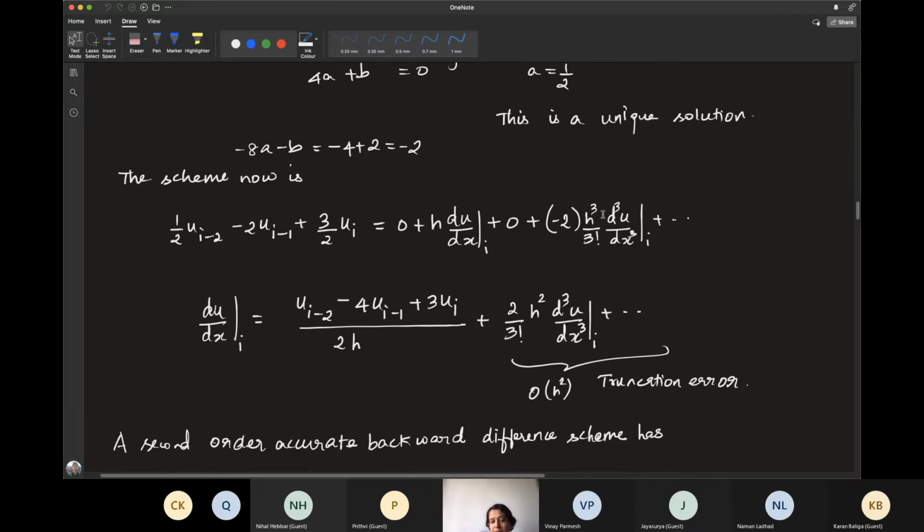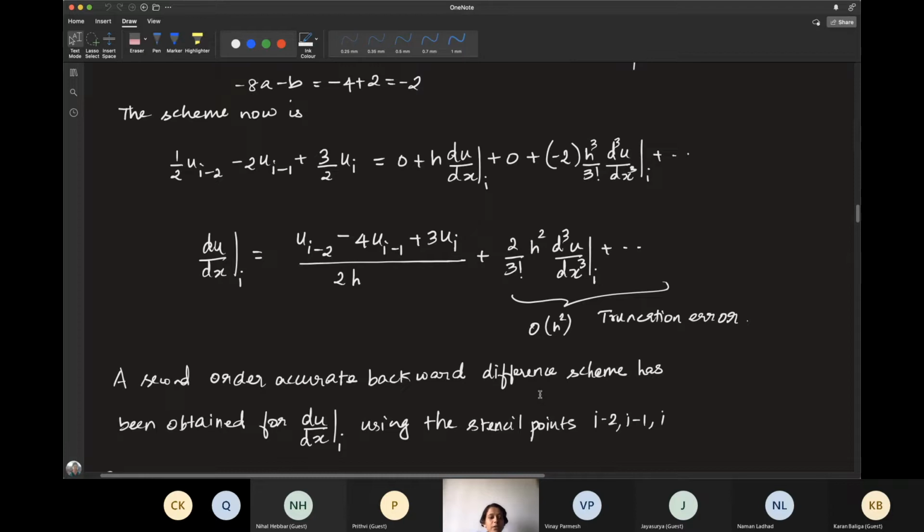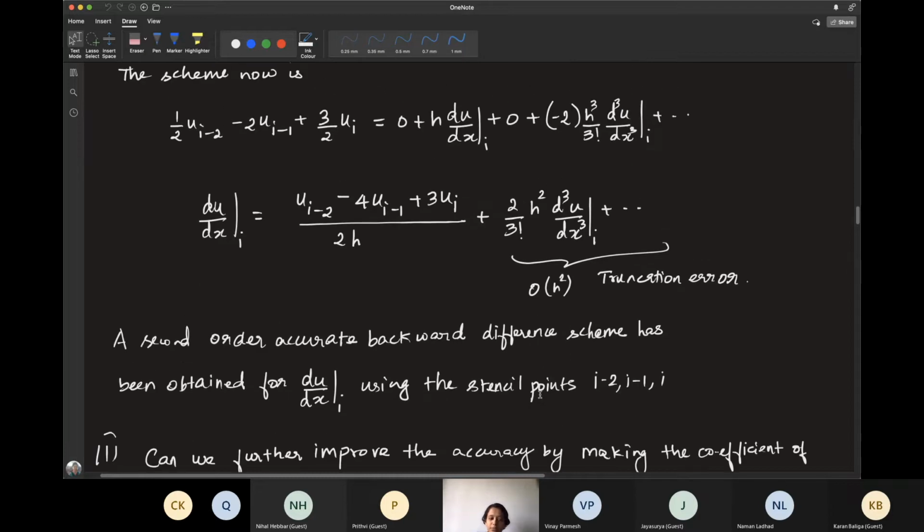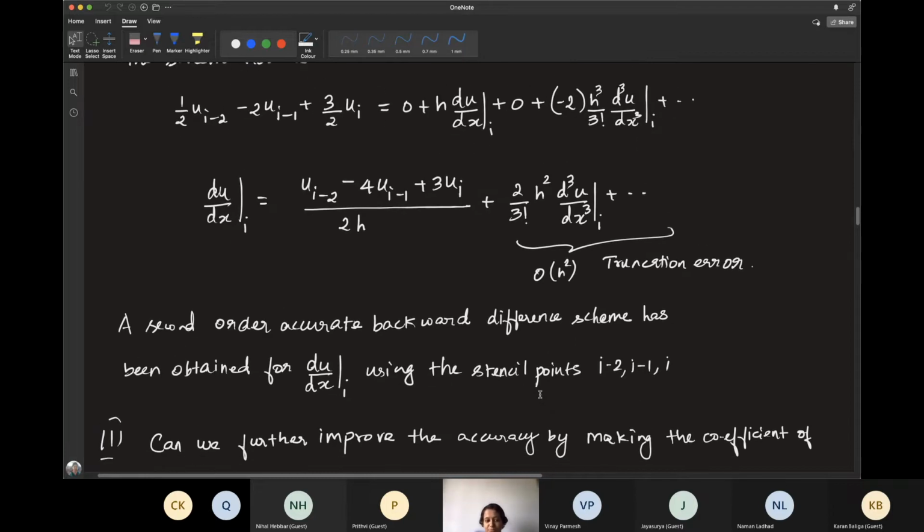When you divide this term by h, you get h squared. So now the truncation error is of order h squared. This way you have obtained a second order accurate backward difference scheme just by doing some simple algebra.